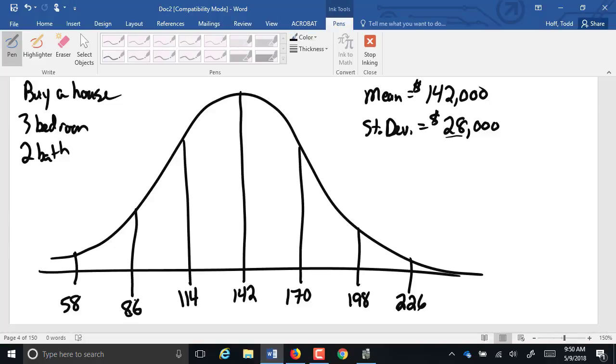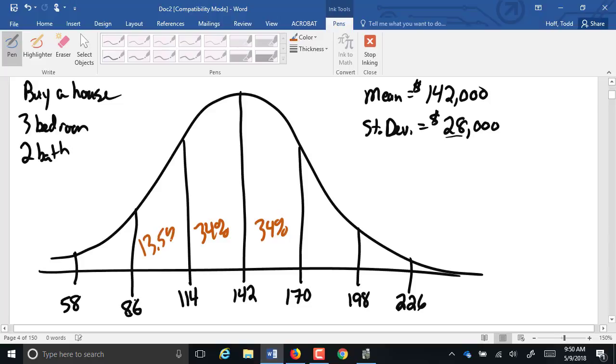And remember, as we said, those percents never change. This is still 34% here and here. These are still 13.5% here and here, and 2.35% here and here, and 0.15% out here.